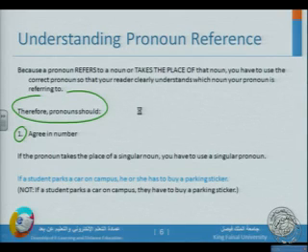If the pronoun takes the place of a singular noun, you have to use a singular pronoun. إذا كان عندنا singular noun اسم مفرد لازم نستخدم ضمير مفرد.